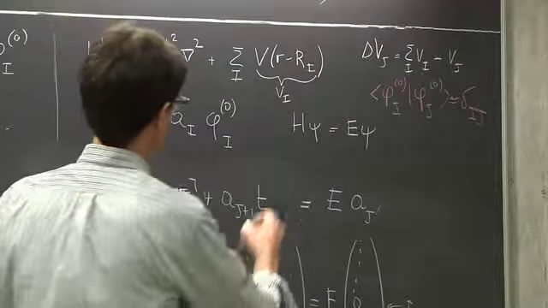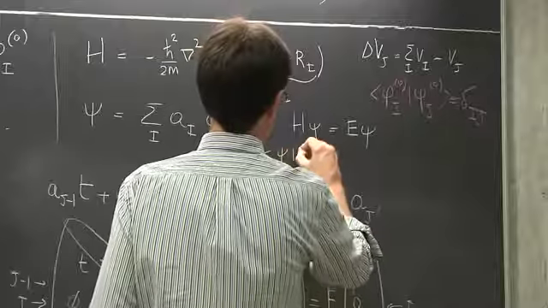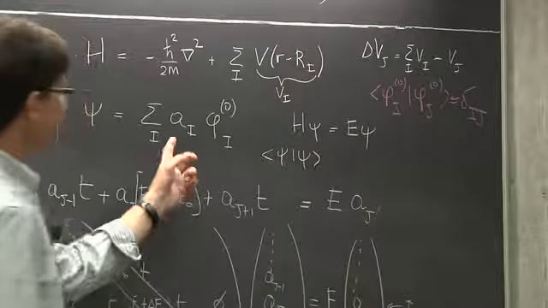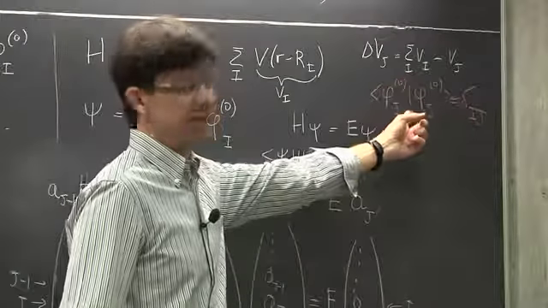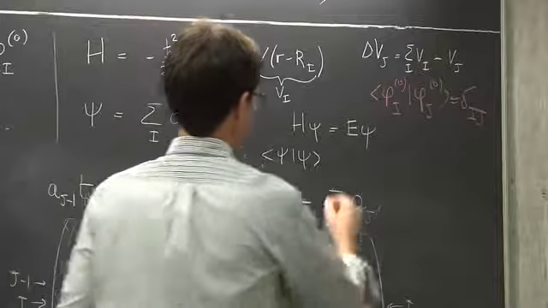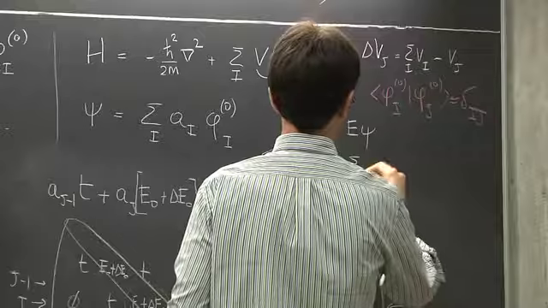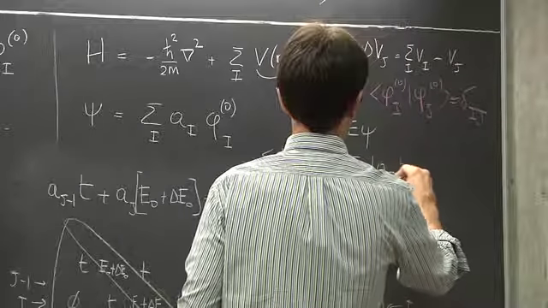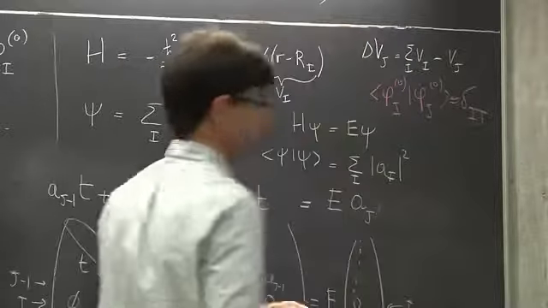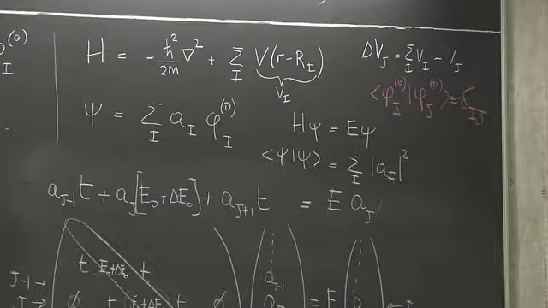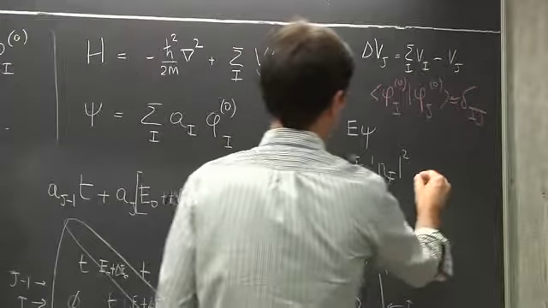Let's do it. Let's do psi, psi. Thanks to this, it is the sum over all i's of AI squared, right? So I want this one to be 1.